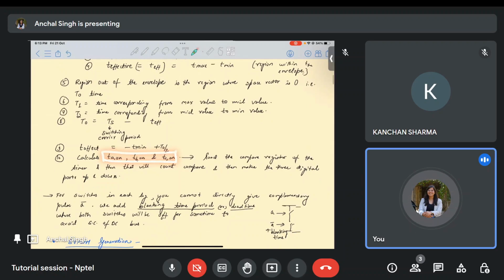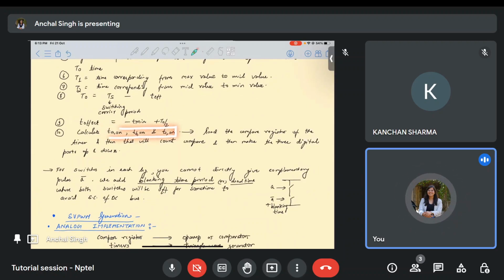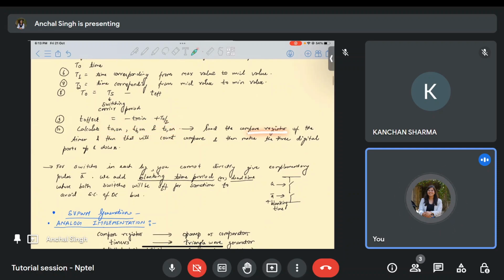And then these times can be given directly to a comparator. If we are going for a digital implementation, then they can be directly given to compare registers in digital mode, and then they serve the purpose of giving us the pulse width modulated waves corresponding to space vector PWM.